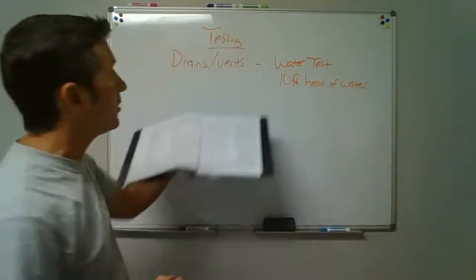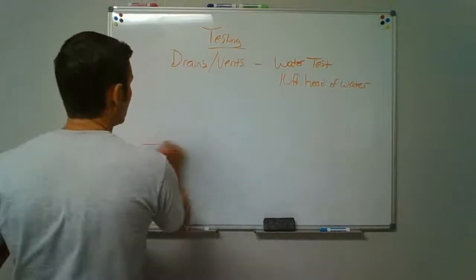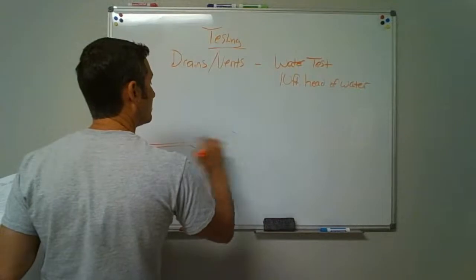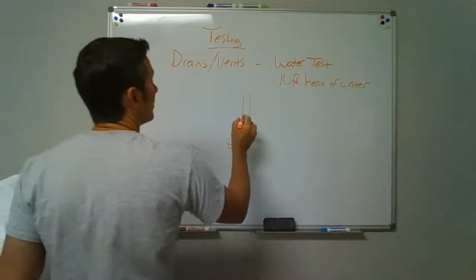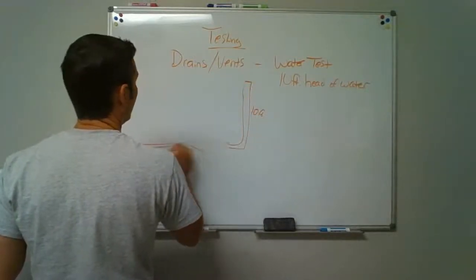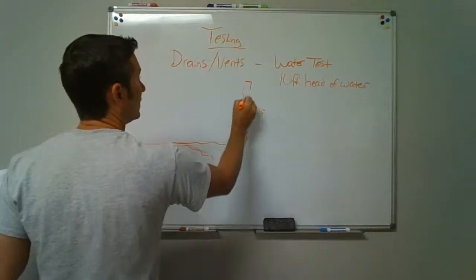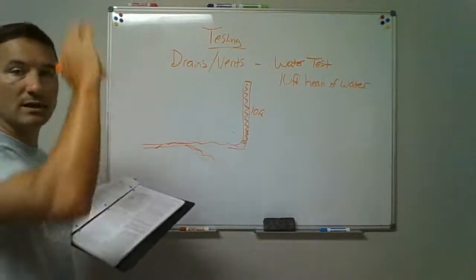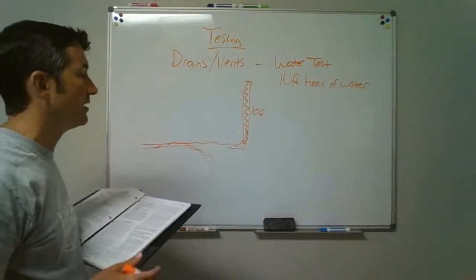Okay, drains and vents, water test, meaning you're going to have to fill a pipe. You got all these horizontal pipes going different ways, but you're going to have to go to the most upstream run, run a vent up, and then that pipe has got to go at least 10 foot high and fill all this with water, and that water level is going to have to go up 10 foot. We're going to just run it right out the roof. But that's what it says. If you're putting a water test in there, it's got to be at least 10 foot.